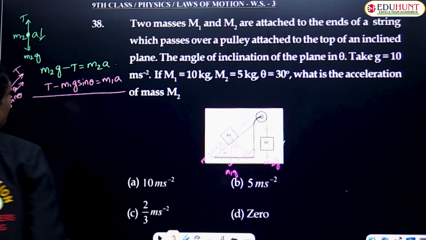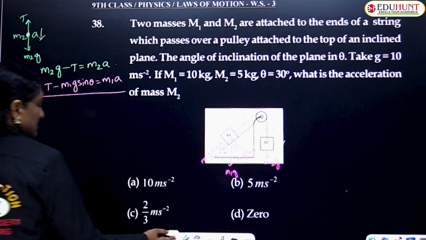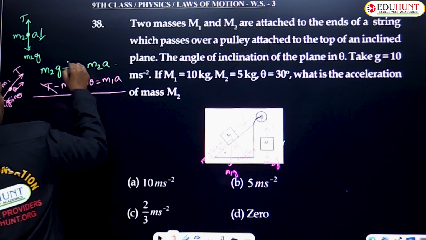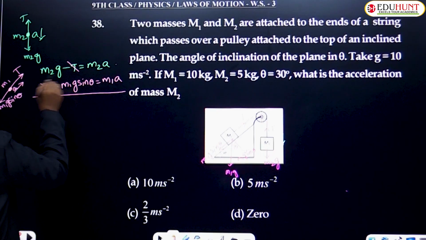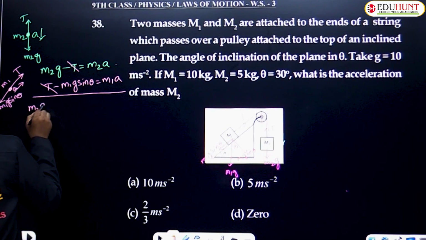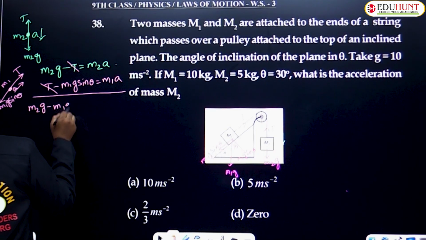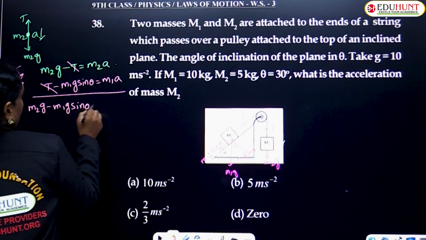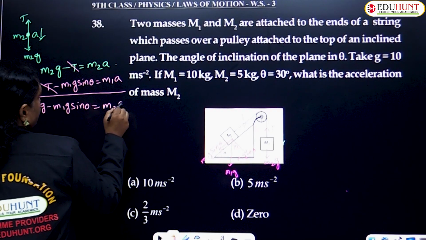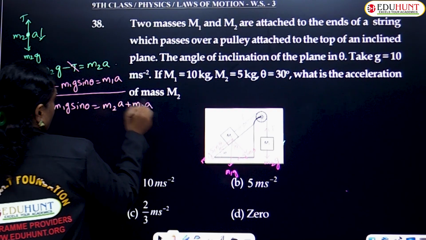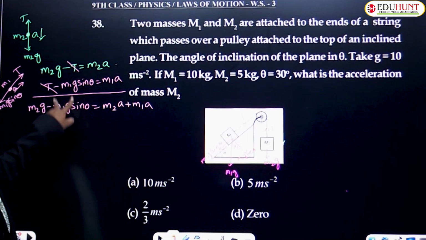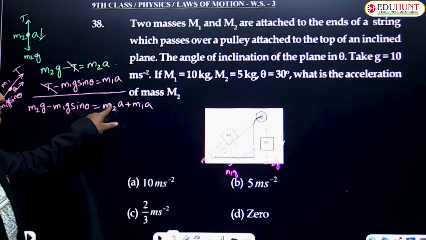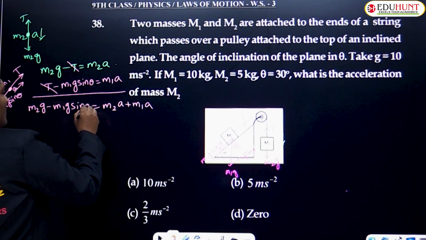If you solve the above equations, what happens? The plus T and minus T get cancelled. Then you are left with M2G minus M1G sin theta equals M2A plus M1A.